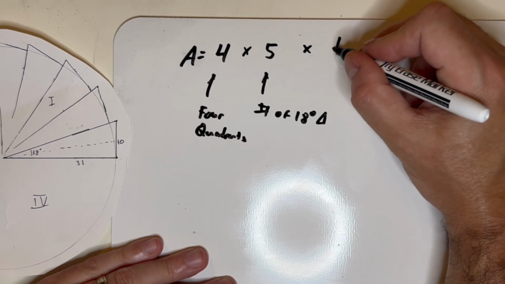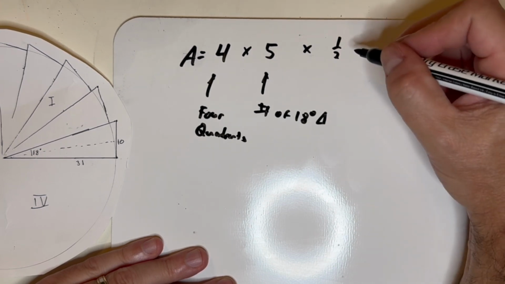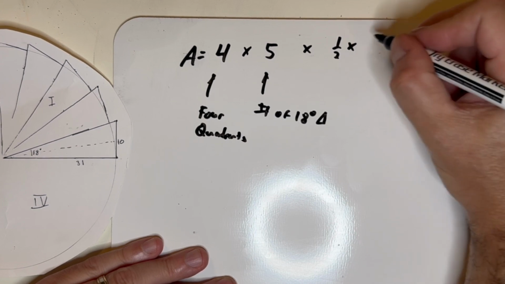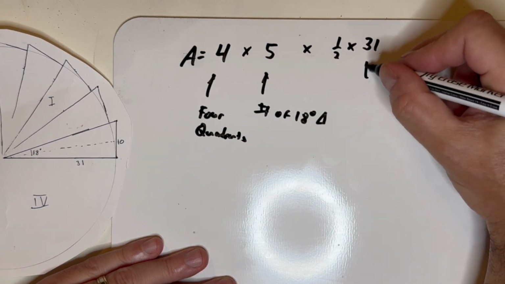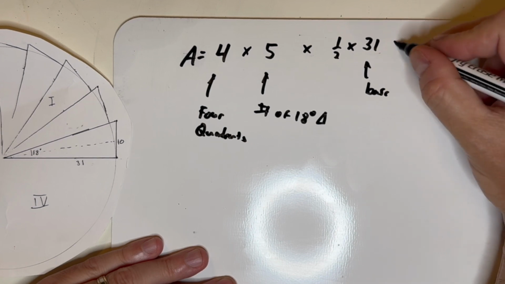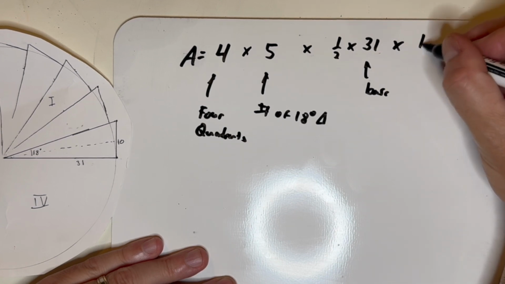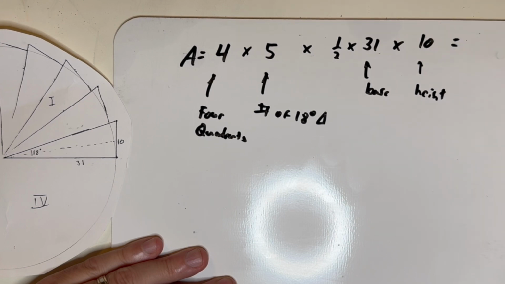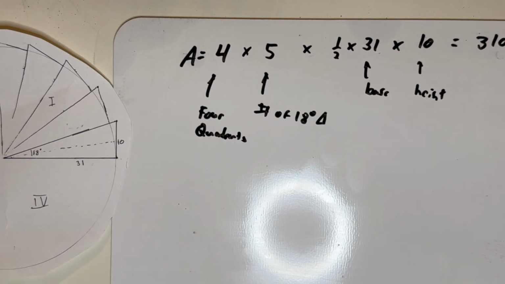Finally, times 1/2. Why? Because we're going to use the area of a triangle formula. It begins with 1/2 base times height. And so our base will be 31, the radius. So this is the base. And the height or altitude is 10. And if I multiply all that together, I get 3,100, which is pretty close to 3019.